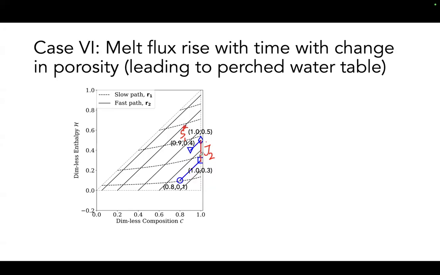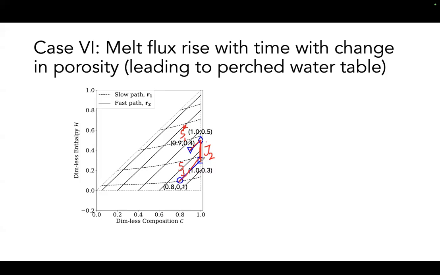And then from this right state, you have another wave S3 or shock wave. So you basically form a line parallel to the fast path from the left state and from the right state, and then extend them up to C equals 1. Once it reaches C equals 1, you join them. So that way you construct the entire solution.